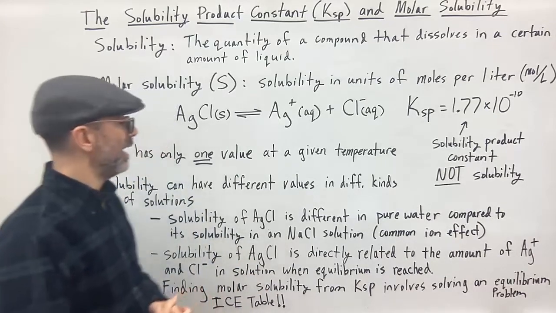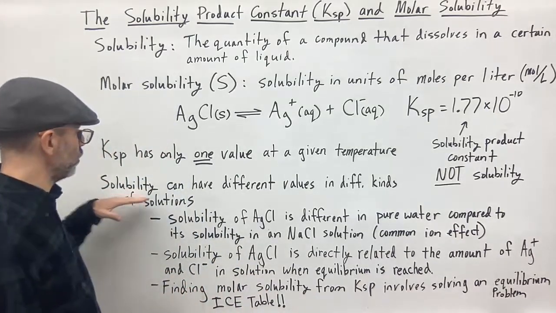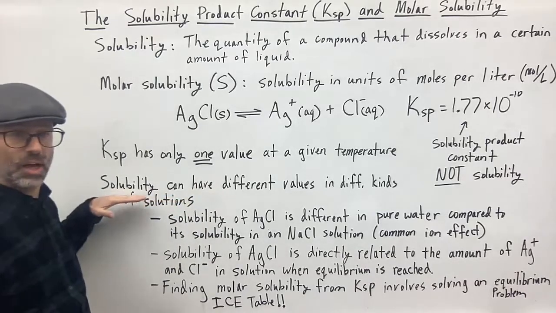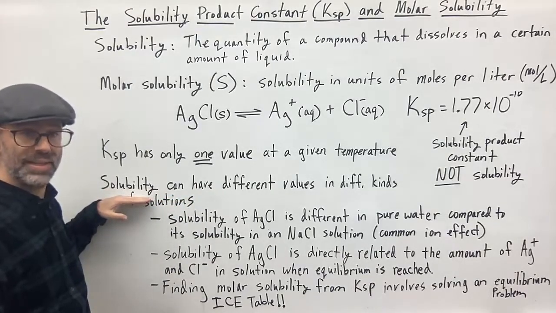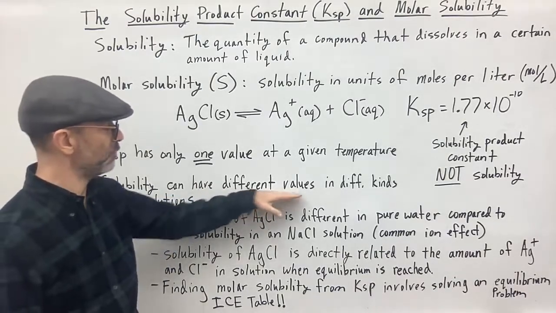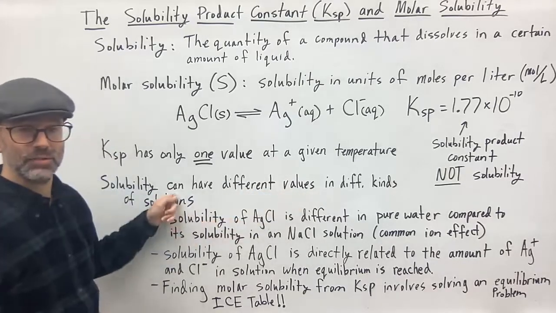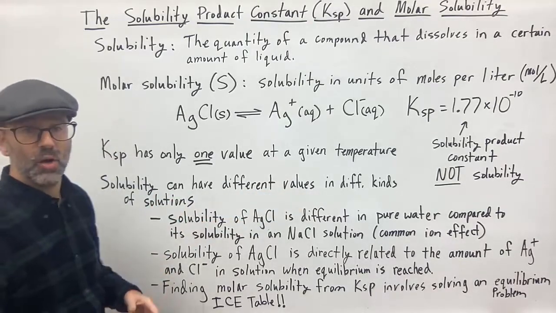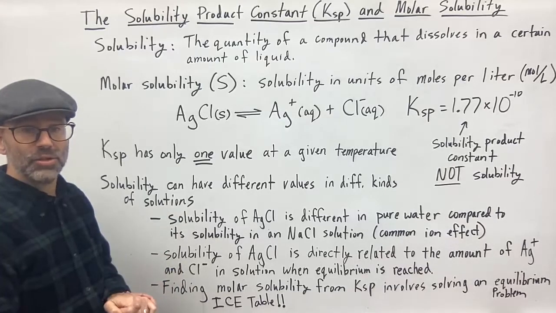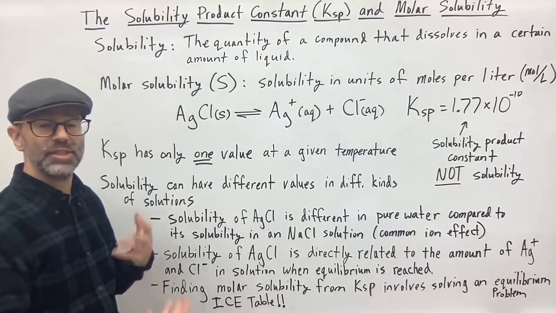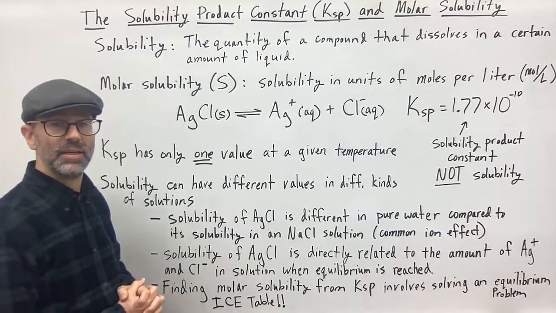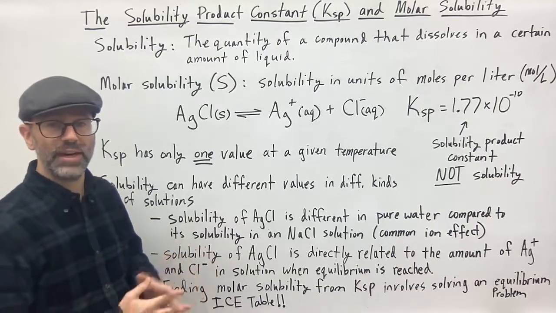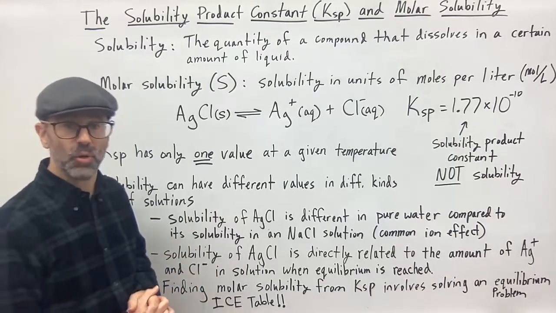Okay, but at any given temperature, solubility itself, not KSP, can have different values in different kinds of solutions. For example, what if I have silver chloride mixed in pure water versus, say, a sodium chloride solution?